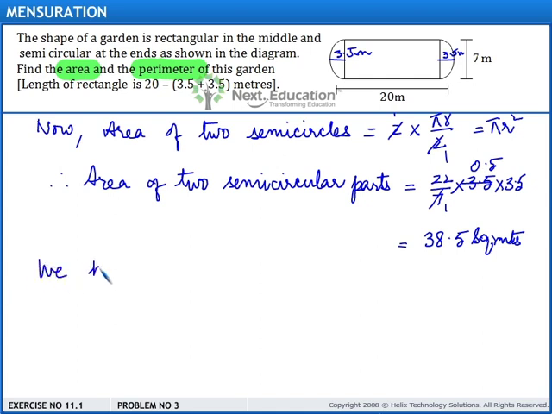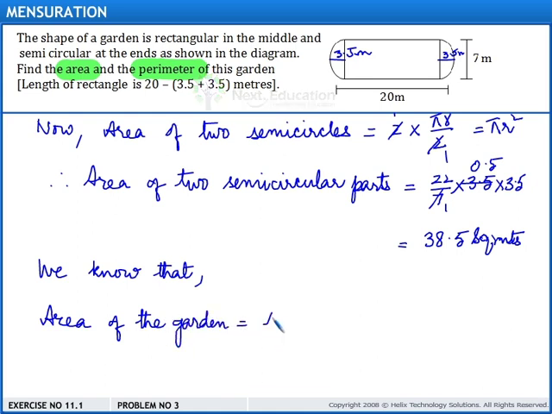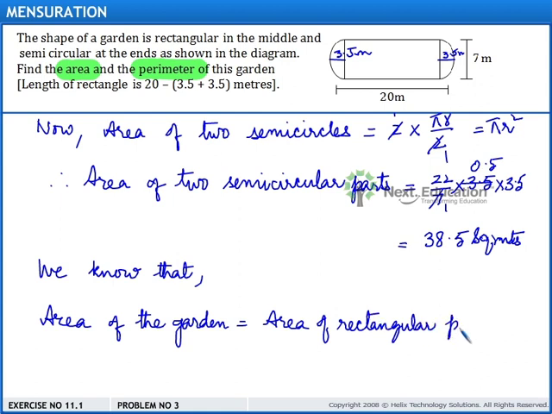We know that area of the garden is equal to area of the rectangular part, this, plus 2 times the area of this semicircular part. Therefore, we write here area of rectangular part plus 2 times the area of semicircular part.